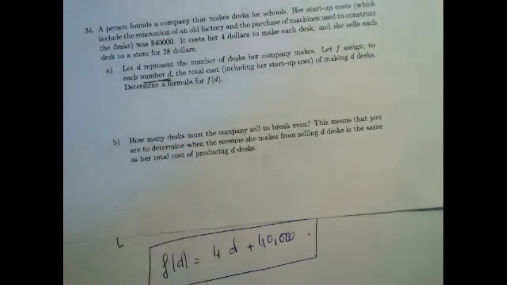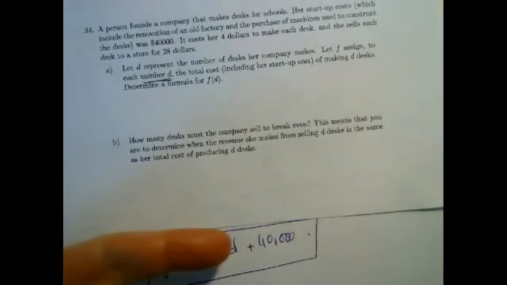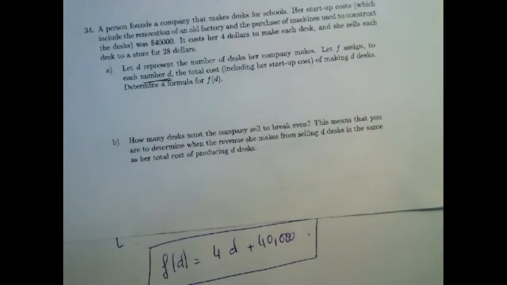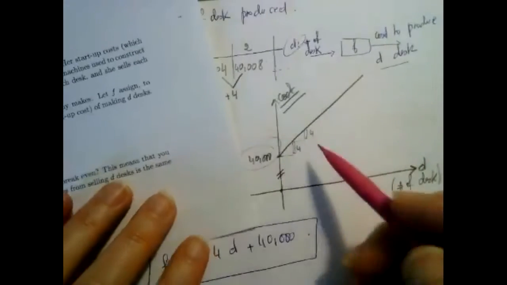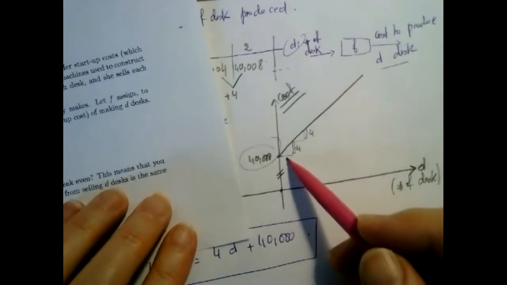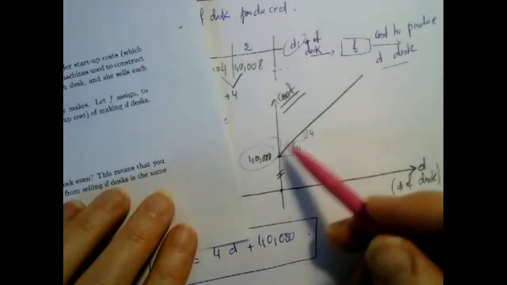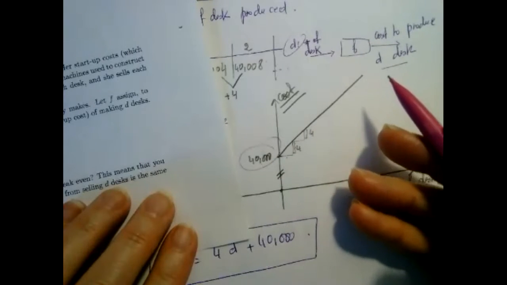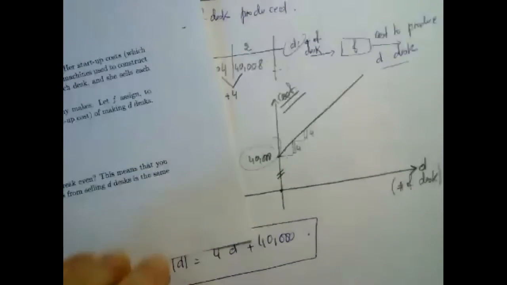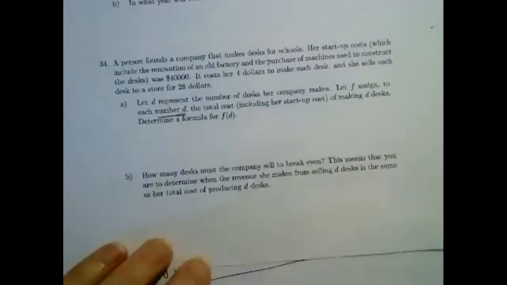So this company produces those desks. At the same time, they sell them. Now at the beginning, usually the company will not make a lot of money simply because there is this fixed cost, which is a lot. They cannot sell it for a lot of money either; they have to sell it in a reasonable way. So at some point they start making profit.